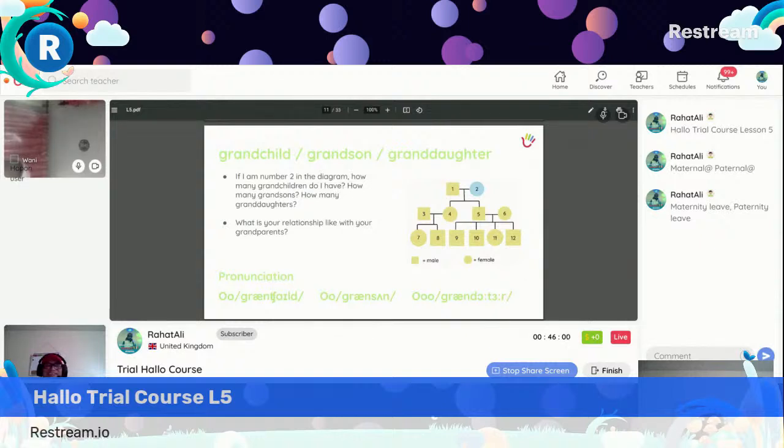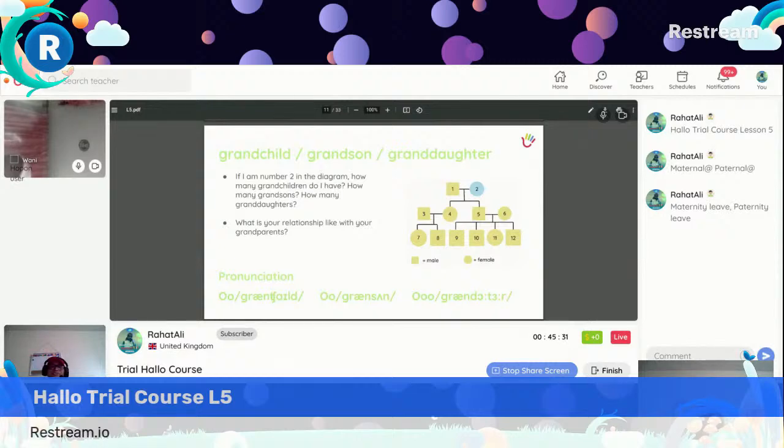How many grandsons? How many granddaughters? Okay. Three, no, four grandsons and two granddaughters. So 4 grandsons, 2 granddaughters.